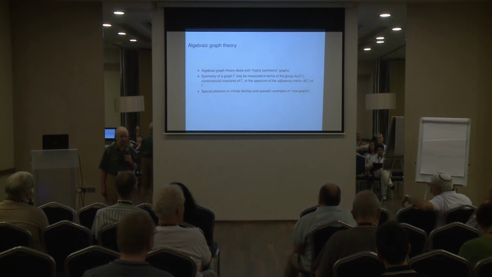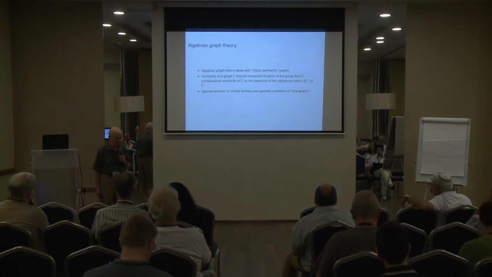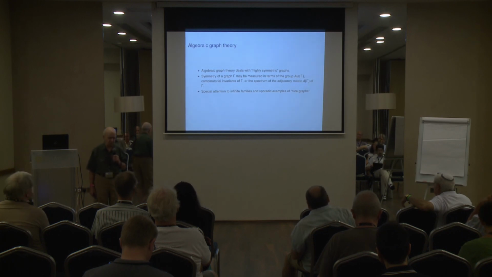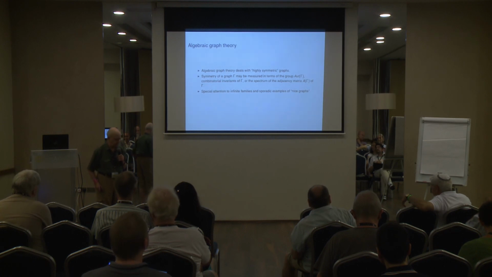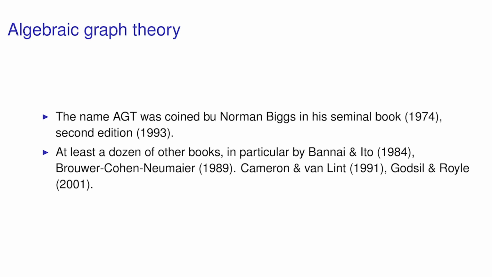I will not explain what rich means. There are a lot of possibilities to speak about transitivity of the action of the automorphism group on one or another kind of substructure of a graph. Another way is to require spectral properties of the graph. For example, one of the requirements is to talk about graphs with 3 eigenvalues. And the final requirement is to speak about some nice parameters of graphs. So this is what is going on in algebraic graph theory.